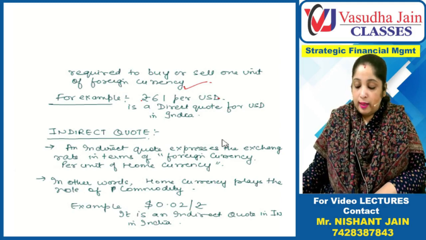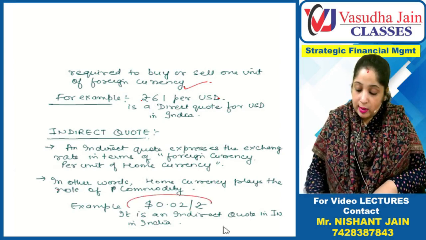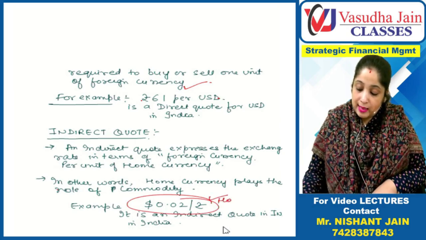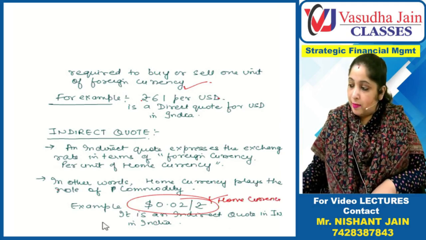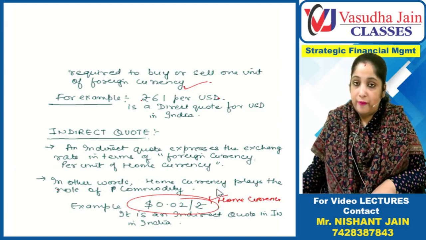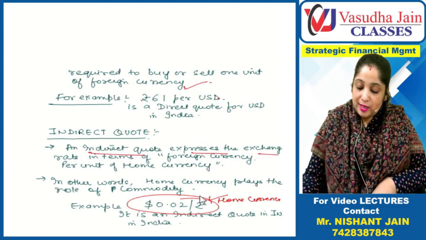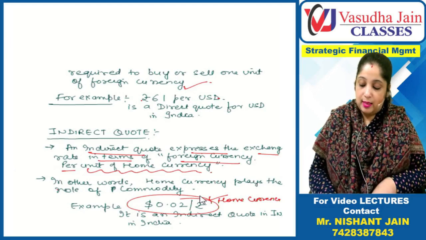Now indirect quote. In indirect quote, you can see, the home currency is expressed as 1 unit, right? These many foreign currencies are required to buy or sell 1 unit of home currency. So same thing is written here. Indirect quote expresses the exchange rate in terms of foreign currency per unit of home currency.